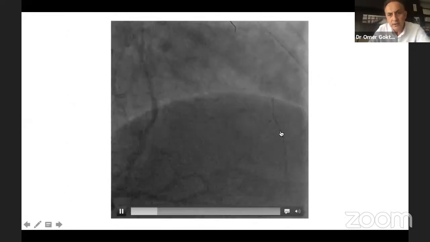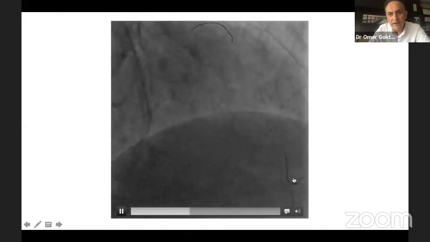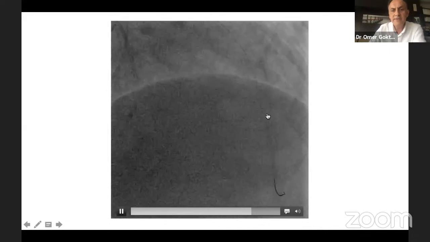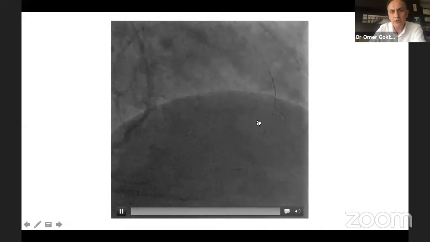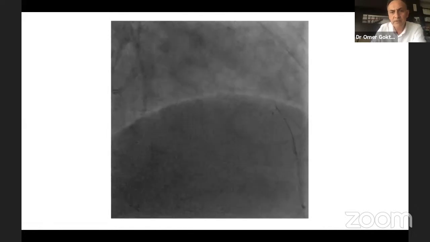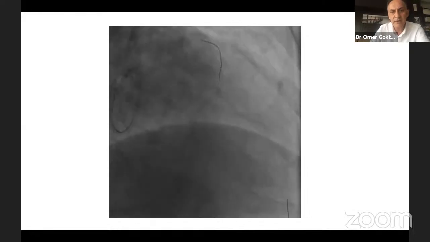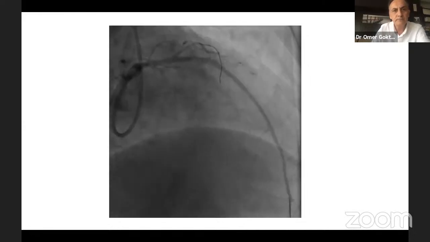You see, this is our workhorse wire and it easily went to the distal. So if we have this kind of septal collateral very close to the CTO, I think we have to use this kind of double lumen catheter. This is after stenting, and we saved all side branches here.